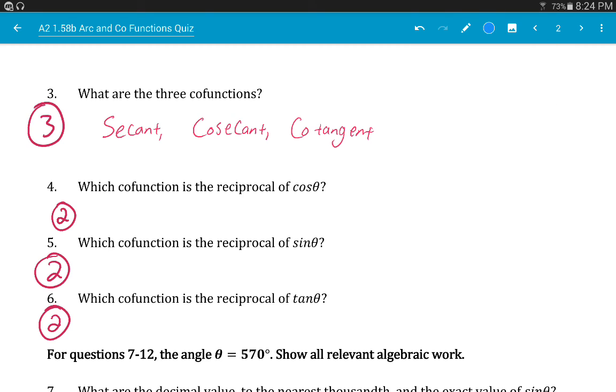Now, if you can spell them out, the third letter will tell you which function it's the reciprocal of. So cosine is secant. The reciprocal of sine is going to be cosecant. And the reciprocal of tangent, t, is cotangent.